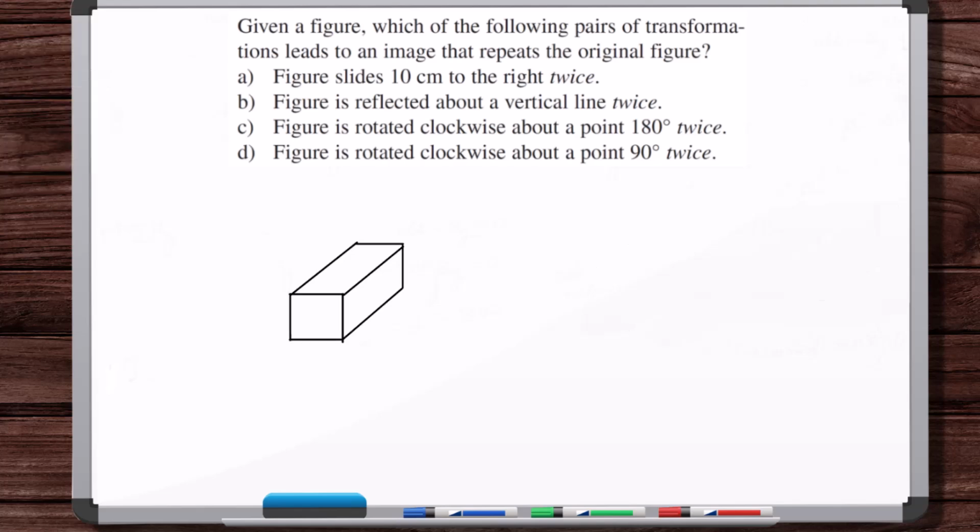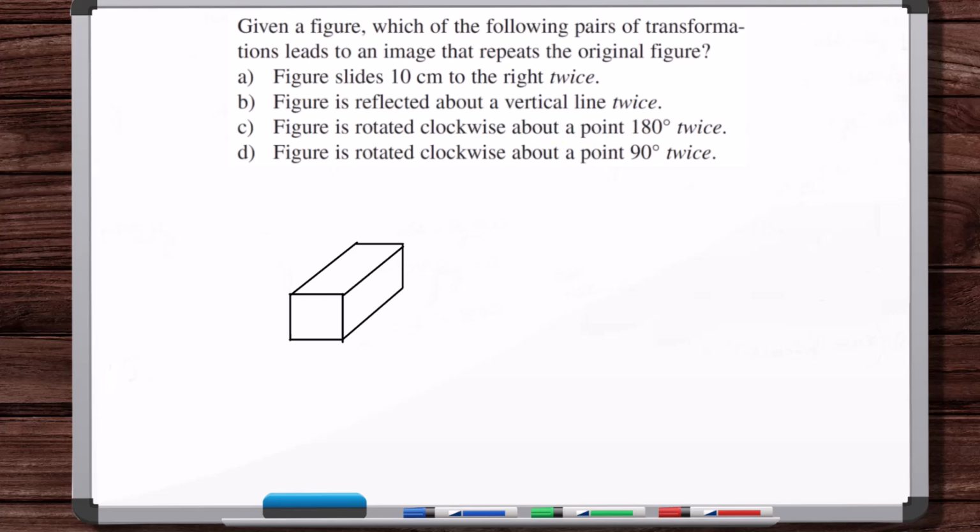There you go. I just mirrored it about a vertical line twice, and you get the original image back. If you mirror something about any line, not just a vertical line, twice, then you're going to get the original image back.